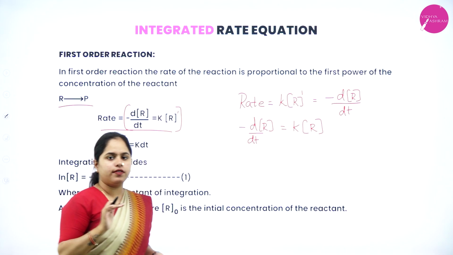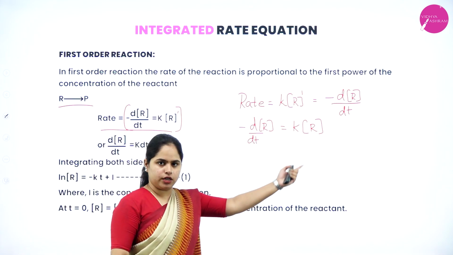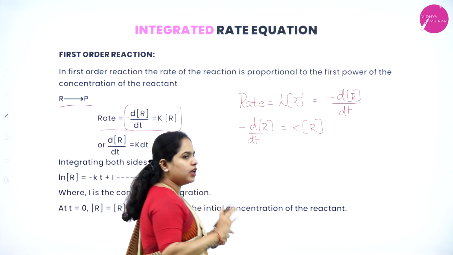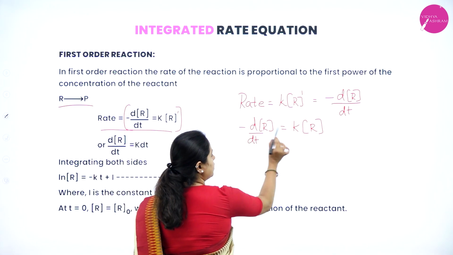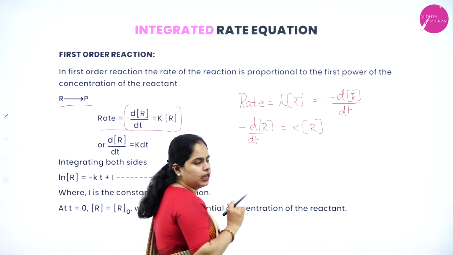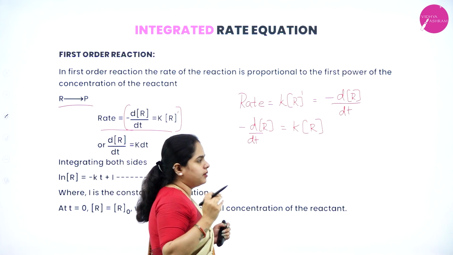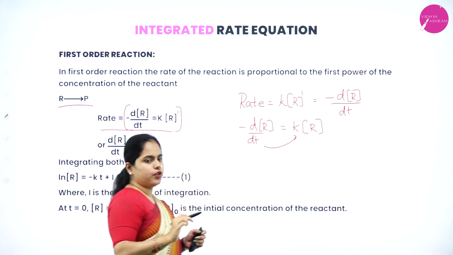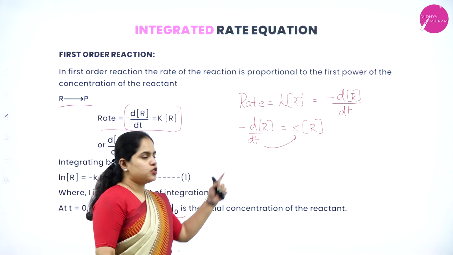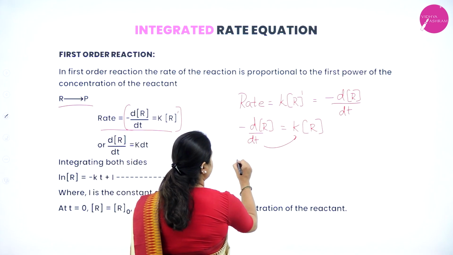Now what we are going to do is, in this equation, we are bringing the concentration terms together. That means dR is here, and we are bringing the R to this side. So the concentration terms will be on the same side, and the dt will be taken to the other side. So that is what you can see. Once it is done, how does the equation become?